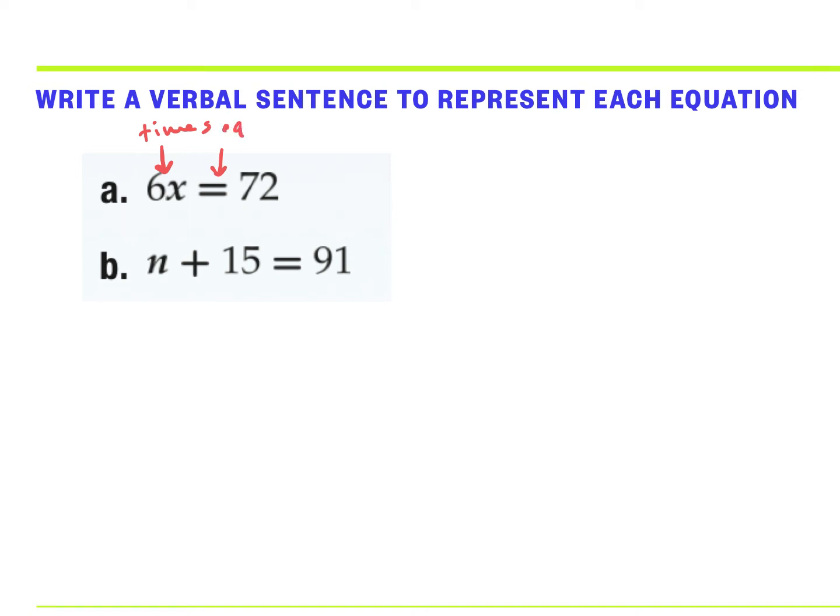Equals works. Or you could say is. So for this one I could say 6 times. How would I say x? Because in my other problems I didn't say x. What did I call it? A number. 6 times a number is 72.